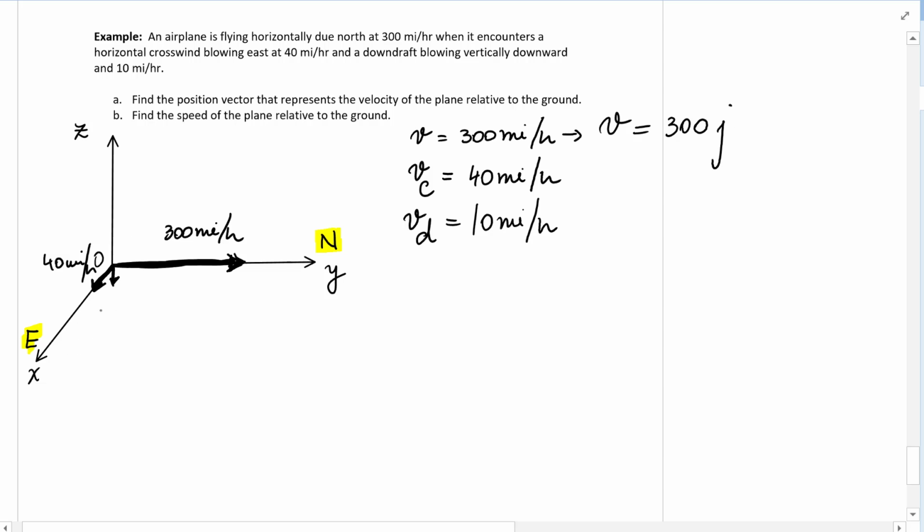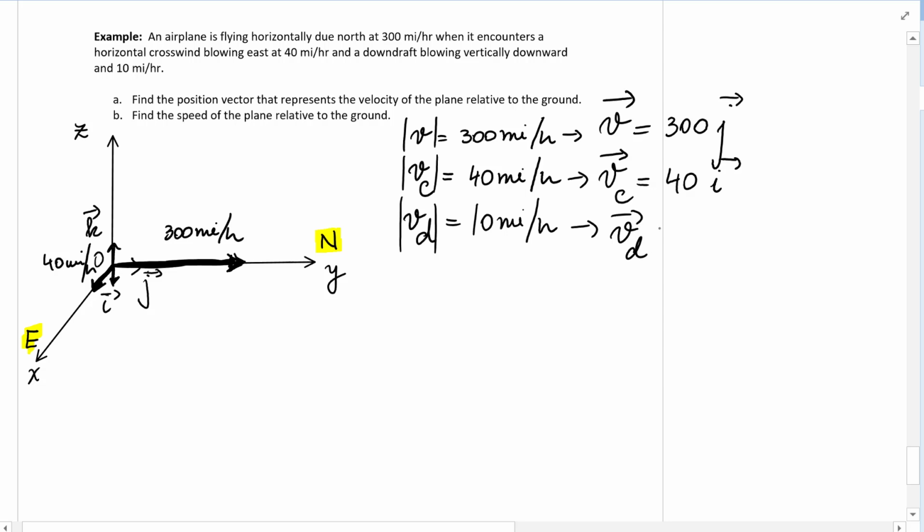Because this is i, j, and k, the unit vectors of the axes. Then let's write better, these ones are the magnitudes. So the vectors are VC is 40i, there is nothing else for j and k, and this VD would be negative 10k.